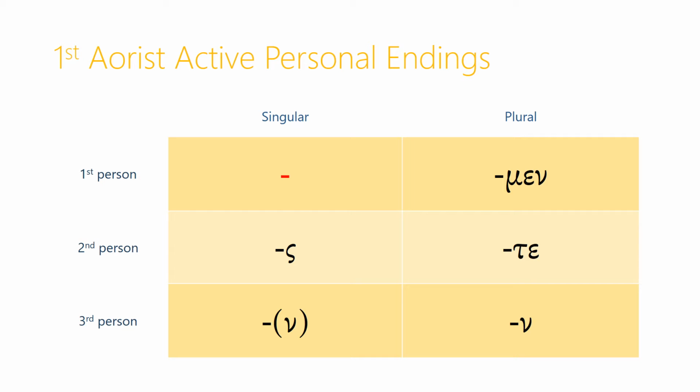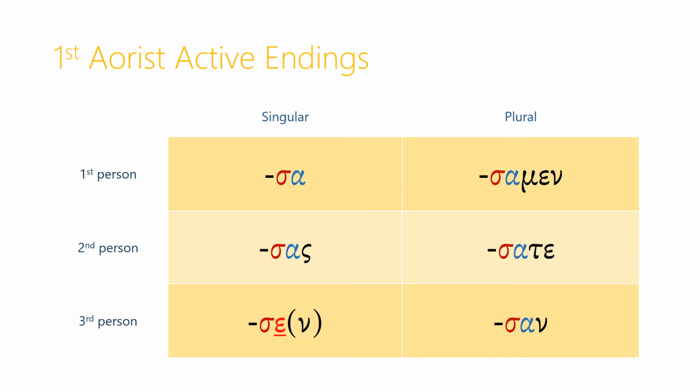I just showed you that because the aorist in the indicative mood generally points to past time, we put an augment on the beginning. And any tense that can receive an augment in the indicative mood uses these secondary personal endings. So what do these look like once we add the connecting vowel and the tense marker?